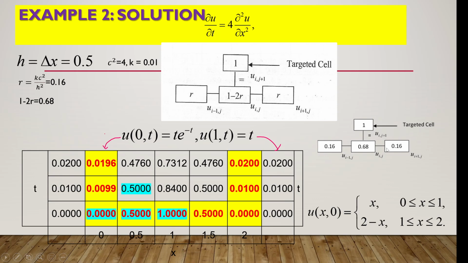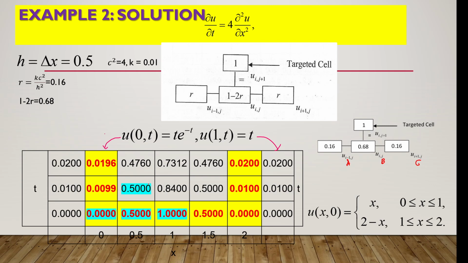Using this specific molecule on the grids, you can find the six inner values. You can represent them as A, B, C: u(i-1,j) is the left bottom cell, u(i,j) is the center bottom cell, and u(i+1,j) is the right bottom cell. We represent them using A, B, C in your calculator.